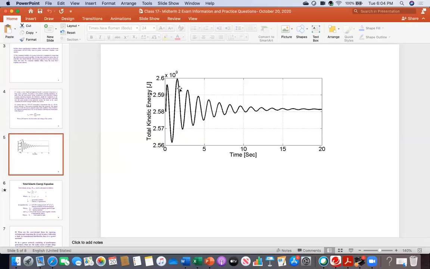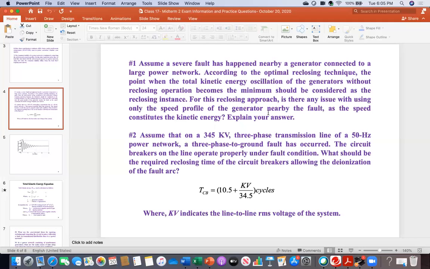Versus, you might get a similar response when you look only at the speed information of a generator, but that minimum point might not be the accurate or optimal minimum point. Because now you are looking at the minimum point here, 0.89 or 1, but with the speed, probably it might be too late, maybe at 2 seconds. So that might be too late. Therefore that local generator might be safe, but other generators might not be safe. That is the difference. So everybody, could you follow me?